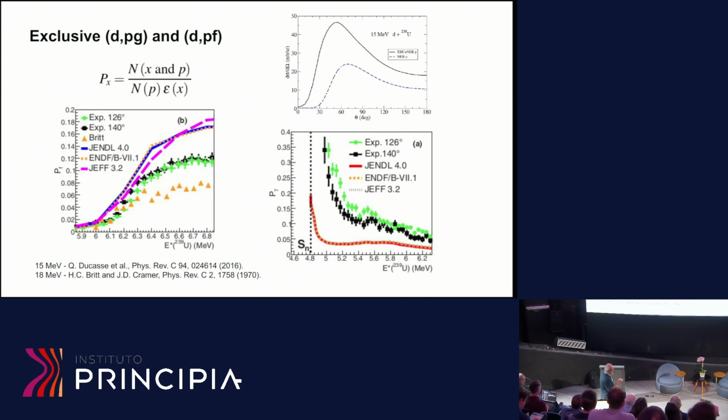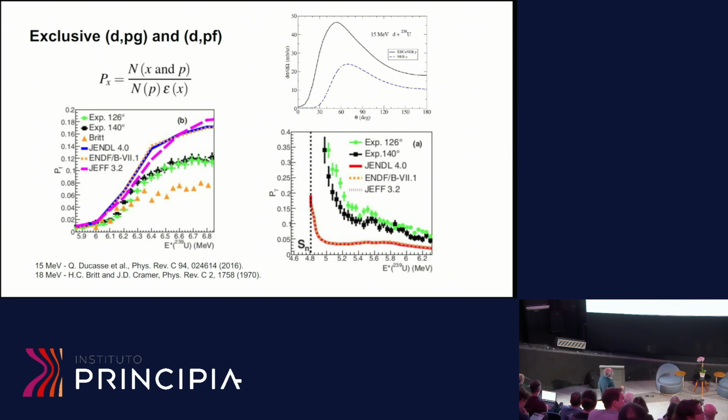What they found is that their results are much below for fission and much above for gamma emission. They found a substantially greater number of photons than is predicted by the library for the neutron-induced reaction, and a fairly significant decrease in the number of fission events in the same case.